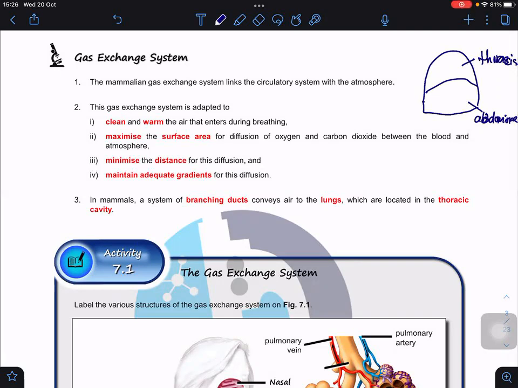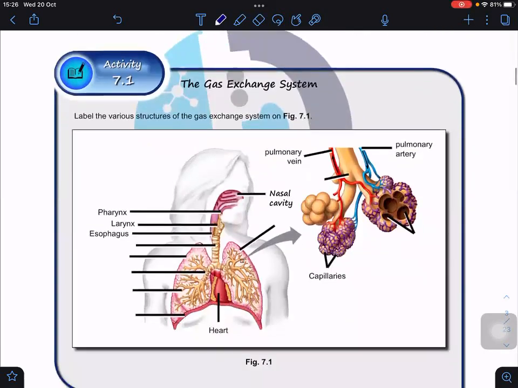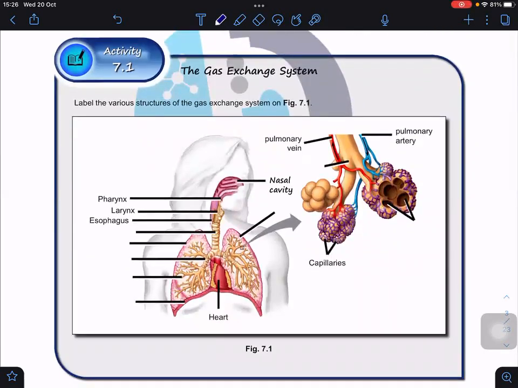Are you clear? So what you need to do now, we have some lines, and in the empty lines, try to figure out the names of the parts of this gas exchange system. Okay, stop recording, take 5 minutes.